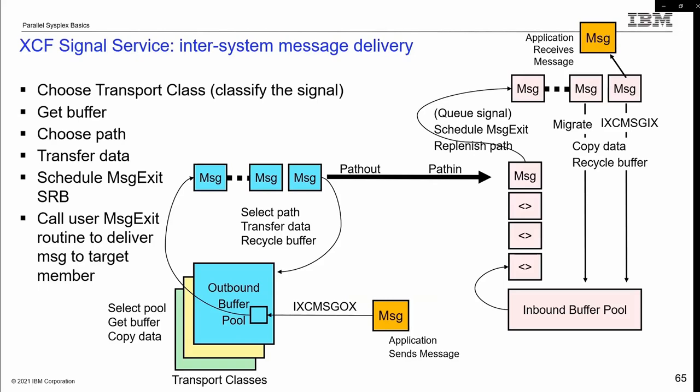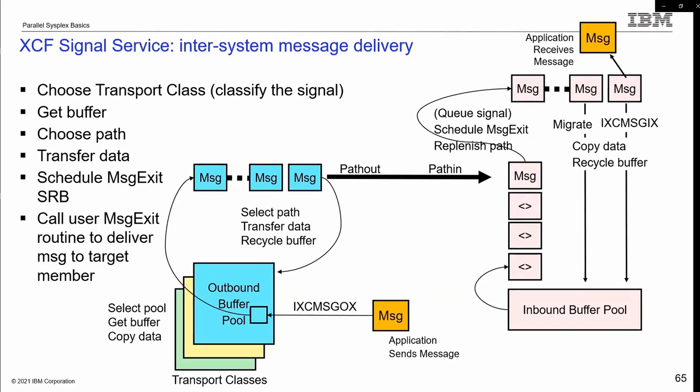So traditionally, we divided these resources in terms of something called transport classes, which allowed you to separate resources for certain types of messages. That being said, with z/OS 2.4, we've done something called transport class elimination or simplification. And for most types of messages, there's no longer a need to specify transport classes, which is basically having dedicated pools and paths for a particular message to be sent to another system.